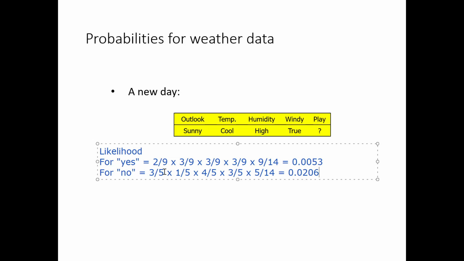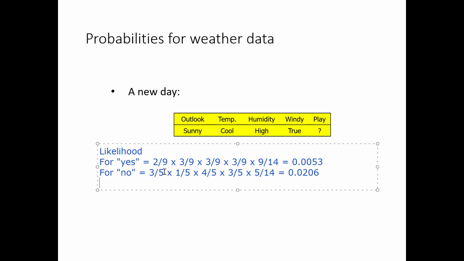Now that we have got the likelihood values, remember, naive Bayes is a probabilistic one. We want to calculate probabilities. The problem with these likelihood values that we have calculated is that they will not add up to 1. So we have to convert these values to probabilities by normalizing them.